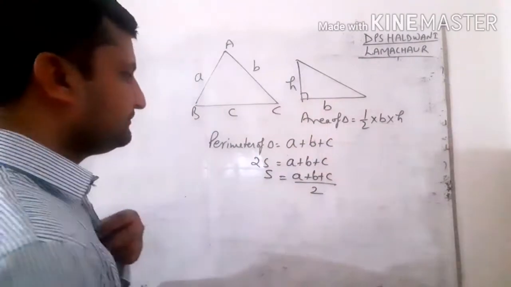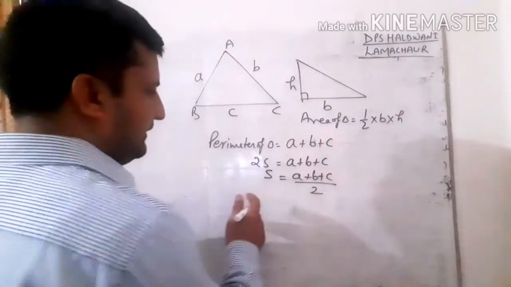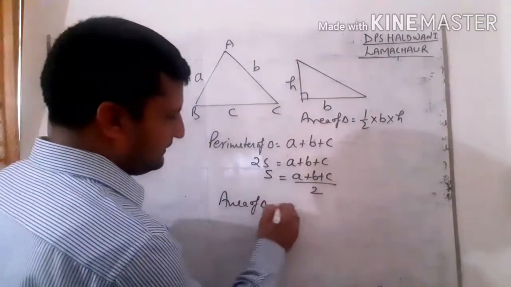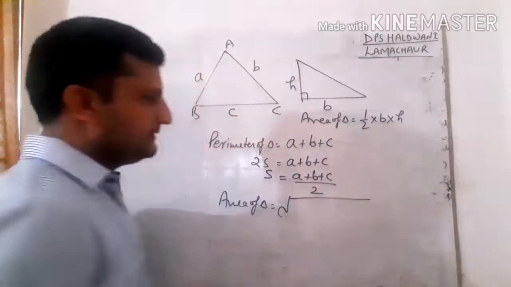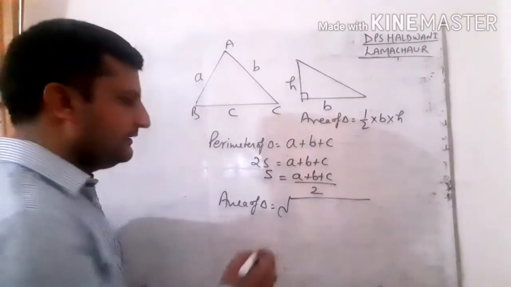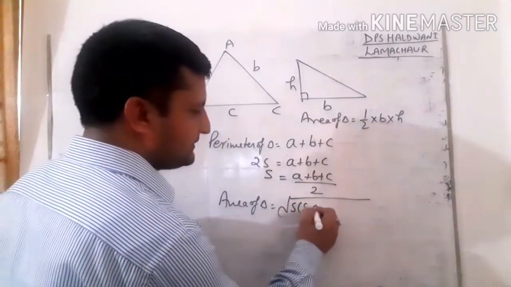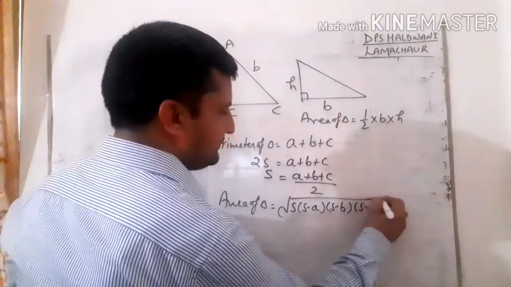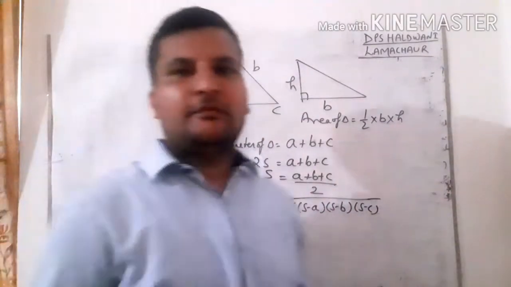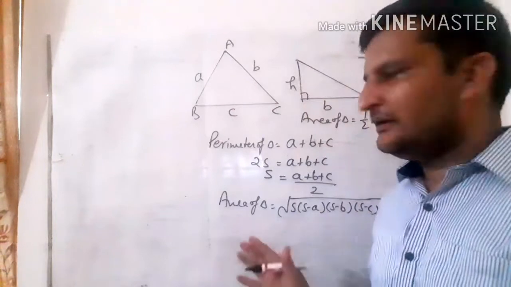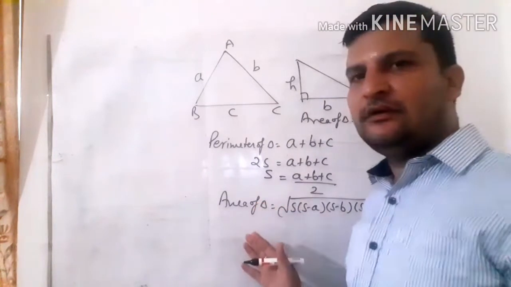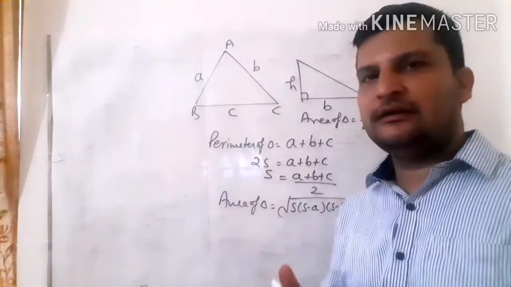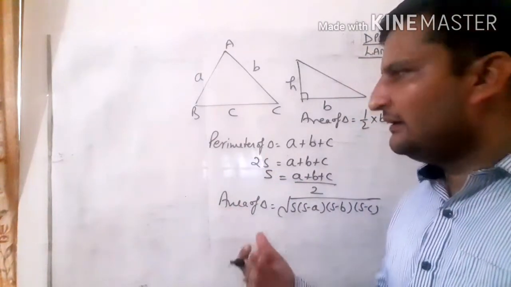So, students, to find the area of a triangle, Heron's formula is: area equals root of s minus a, s minus b, s minus c. This formula is called Heron's formula, and it is for finding the area of any triangle.